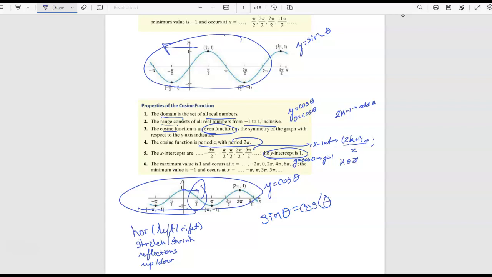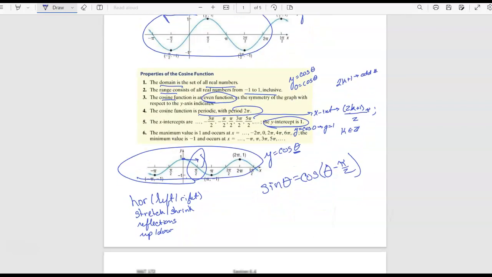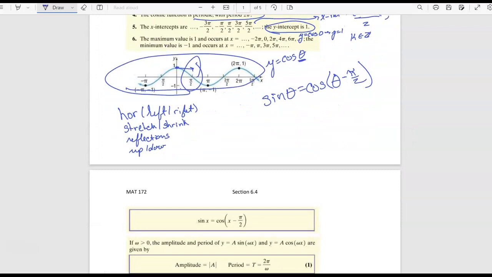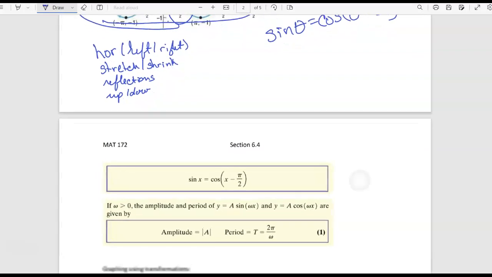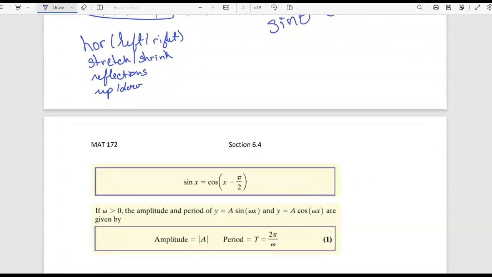Cosine shifted to the right, pi over 2 units. And we show we're shifting to the right pi over 2 by changing that theta here to theta minus pi over 2. Remember, that works the opposite of the way you think it would. That shifts us to the right. So we can get from one to the other by looking at those transformations. So that's kind of a neat thing to think about.